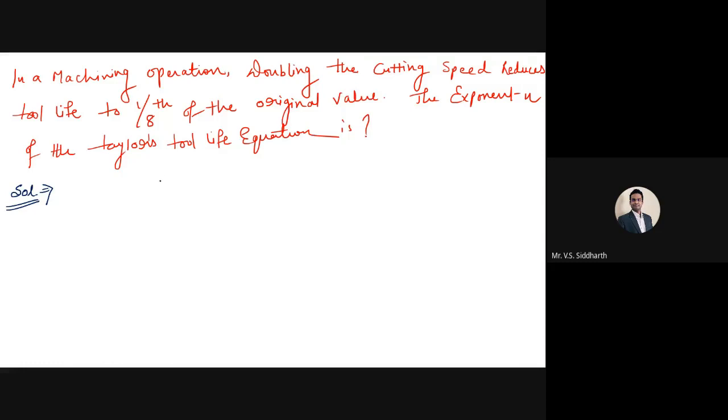So we have an equation v1 t1 to the power n equal to v2 t2 to the power of n. It is saying that if the cutting speed is doubling, means 2 times of v1, and the tool life becomes 1 by 8 of the original value, which means t1 by 8, to the power of n.